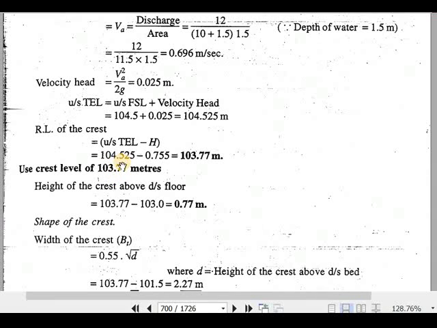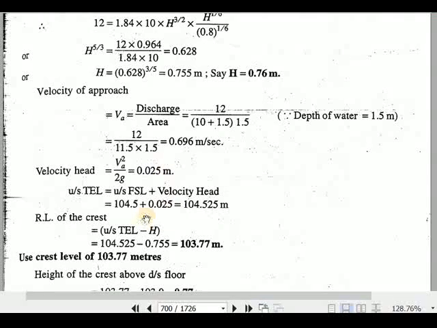So 104.525 minus 0.755, 103.77. So 0.755 is basically this head. When we subtract water level from total energy line, we will get a reduced level of the crest.